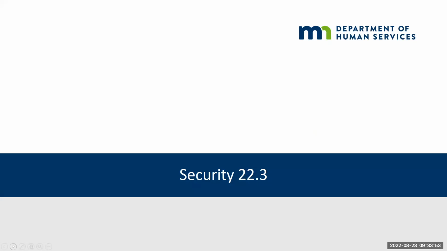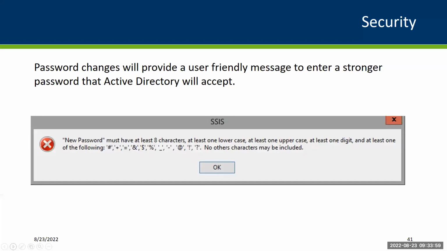Okay, we're going to move on to the security section. And here we're going to take a look at password changes. So this, again, is not new. We've always recommended that folks create strong passwords. Now workers will get a friendly reminder indicating that they need to create a strong password that the Active Directory will accept.